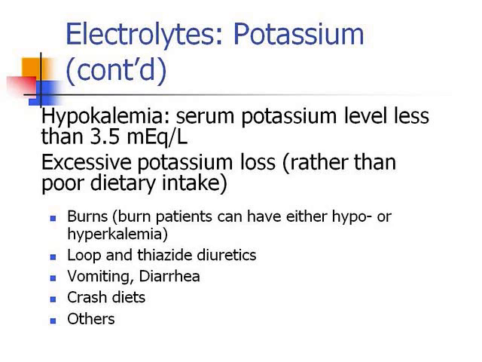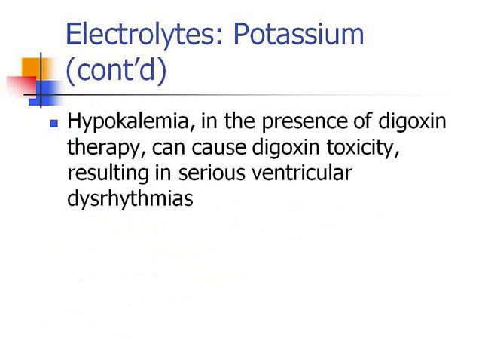Loop and thiazide diuretics can cause hypokalemia, as can vomiting and diarrhea, crash diets, and there are always other reasons for it. Hypokalemia in the presence of digoxin therapy can cause digoxin toxicity, resulting in serious ventricular dysrhythmias. So we need to be very careful when someone's potassium level is low. We're checking their heart.